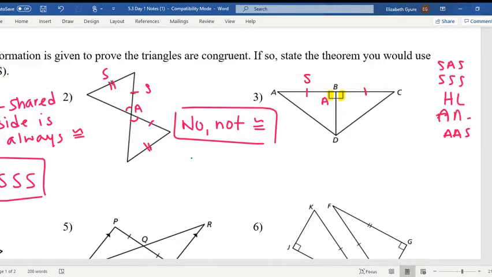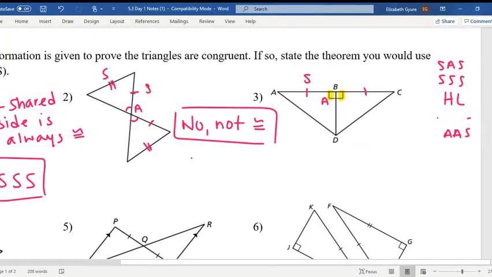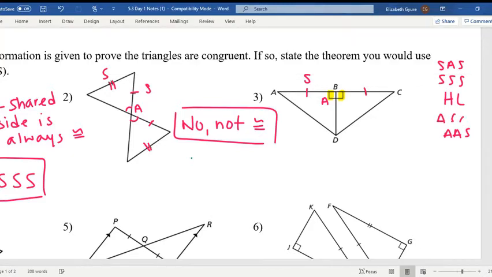Does anyone see something on this list that is just not going to be an option? If I have one side and one angle so far, I see something on here that's not going to be a possibility.